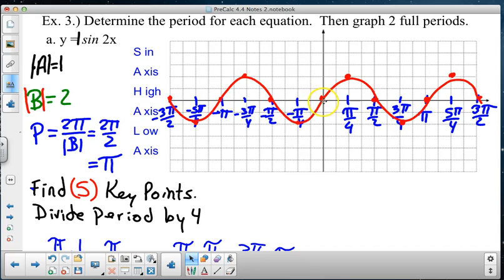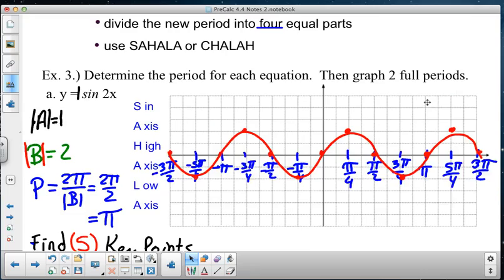I can go from 0 up to 1 at pi over 4, down to the axis at pi over 2, down to -1 at 3 pi over 4, and back to the axis at pi. And that will continue throughout the entire graph, even if I'm a little bit off. And hopefully your graph drawings are better than mine.